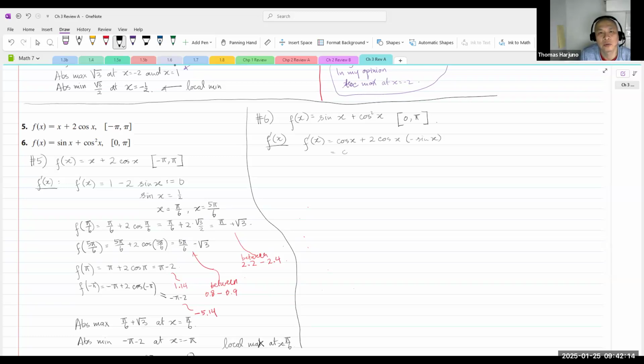Okay, that gives me a chance to factor cosine x out, right? So the critical numbers happen first at cosine x equals 0 or at sine x equals 1/2. Okay, cosine x equals 0 happens when x equals 0. No, at pi over 2, my bad. Okay, in that interval, and then sine x equals 1/2 happens at pi over 6 and 5 pi over 6.